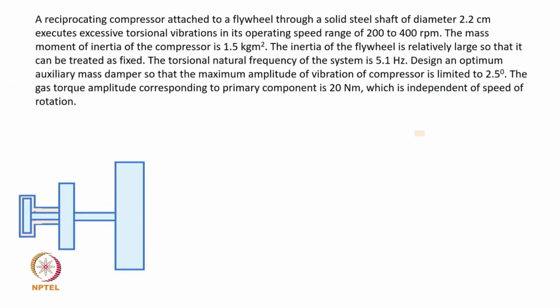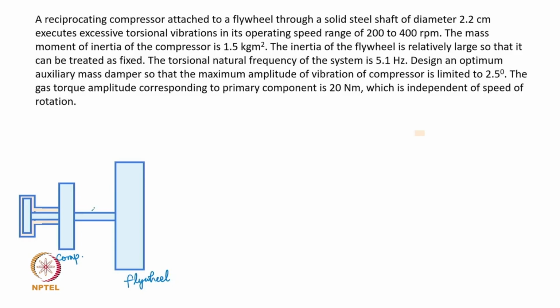It would be nice now to look into an example of a practical system. So for example, the reciprocating compressor case here. This is a compressor that is being connected to a flywheel like here, through a shafting.